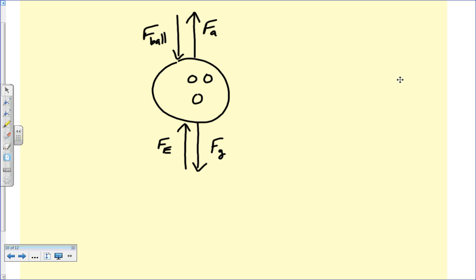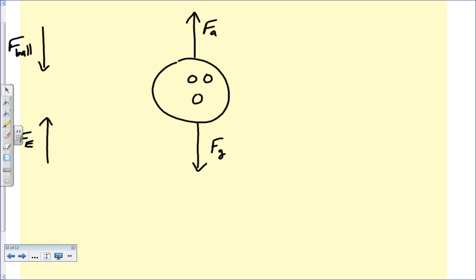So, why does the ball move? Well, when we're looking at the forces on an object or the motion of an object, we only consider the forces that are acting on that object. We don't consider the reaction pairs. So, the force that the ball applies on your hand, we ignore.